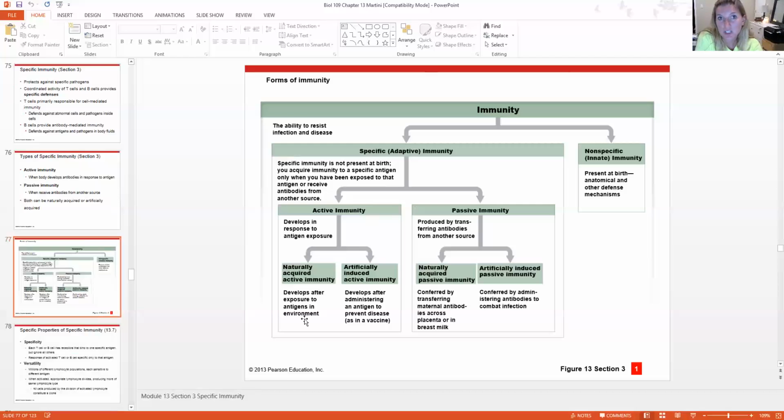So last year you had a cold, and this year that same cold virus comes around, and now you're naturally immune to it because you acquired through natural sources that particular antigen. You made the antibodies actively, so it's naturally actively acquired immunity.